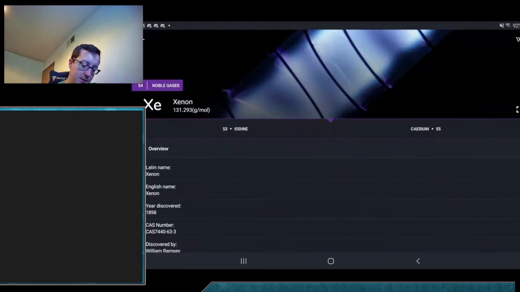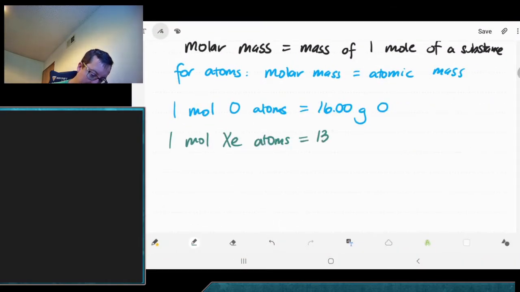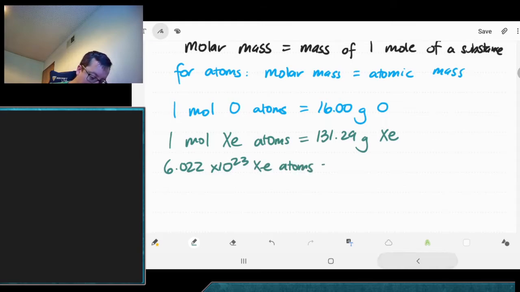I'm going to click it, and we see we have 131.29, we'll say. 131.29 grams of xenon. So, this is going to be a very important number for us, because, remember 1 mole, just the number. So, that tells us that we have a very important conversion factor here.